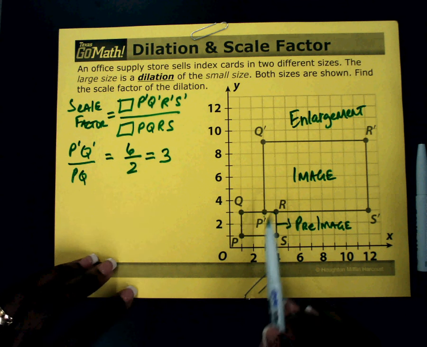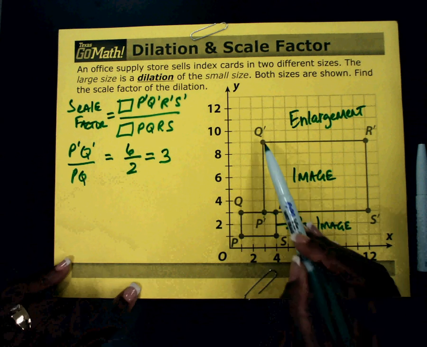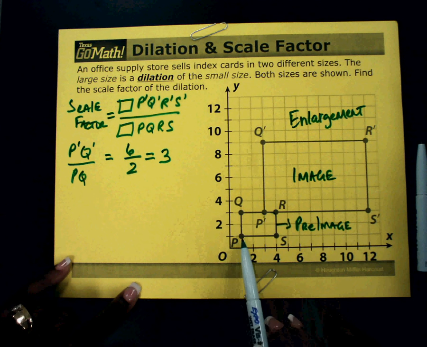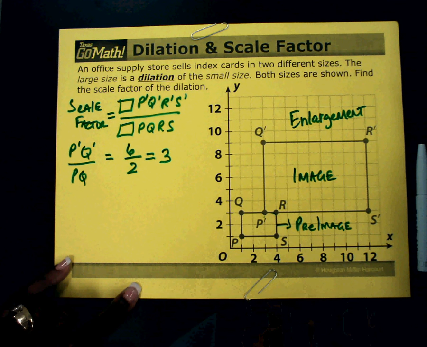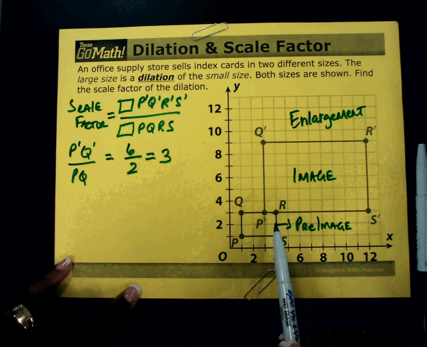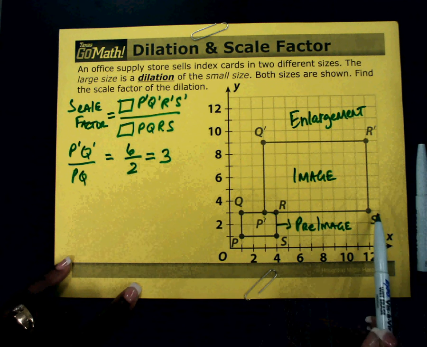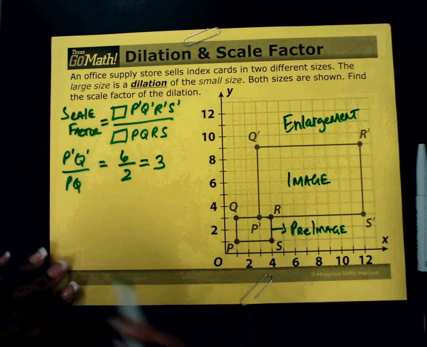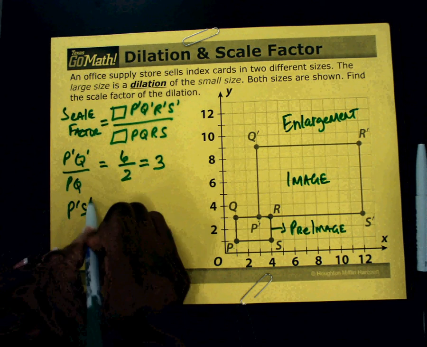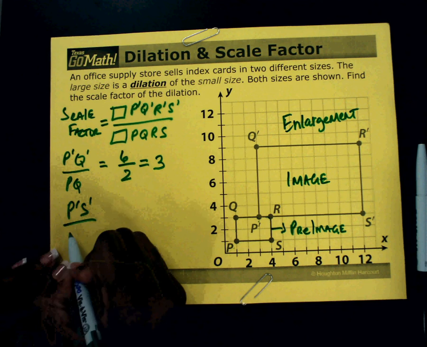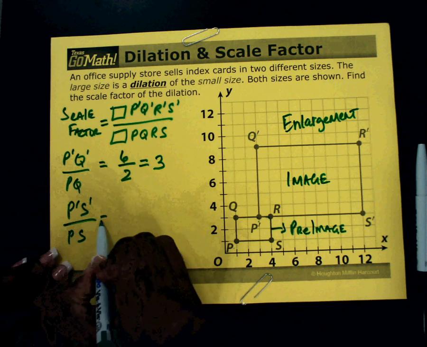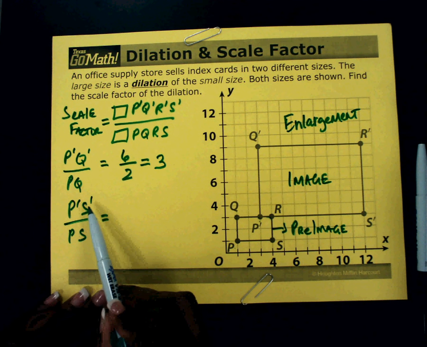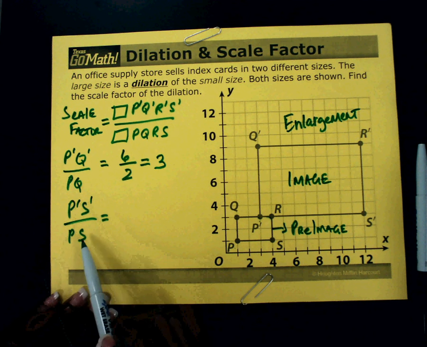But let's look at the other dimension. We looked at the width for both P prime, Q prime and P, Q. Now we want to look at the scale factor for P prime, S prime and P, S. So we have P prime, S prime as a ratio over P, S. We count the units between P prime and S prime and put that over our PS units.